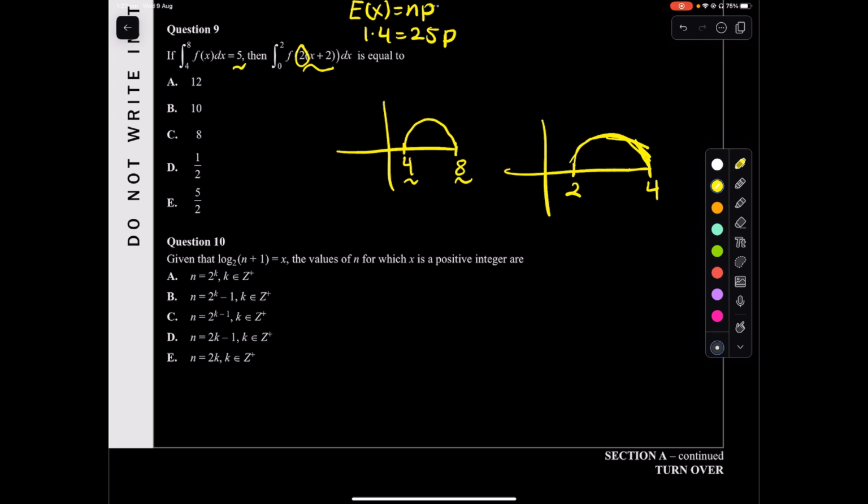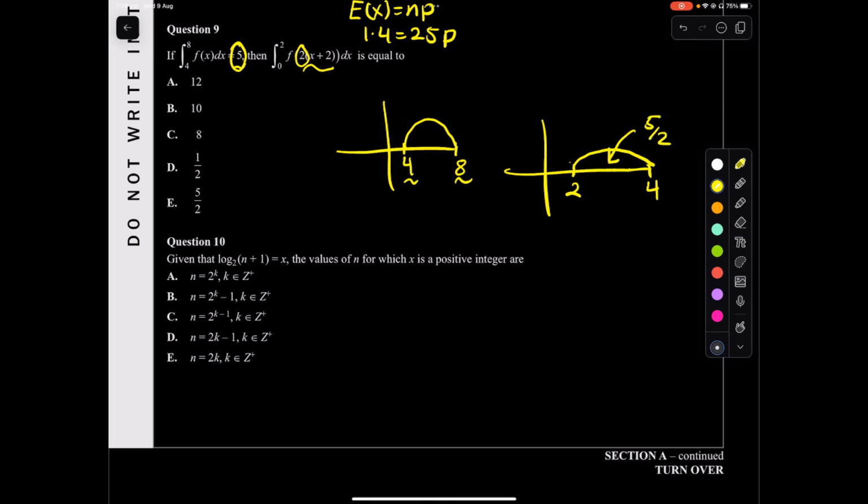So what will happen to the area? We have to halve it, because we've dilated by a factor of a half. Pretty much this area over here becomes 5 over 2. So it becomes more like that. So that will be 5 over 2 now.